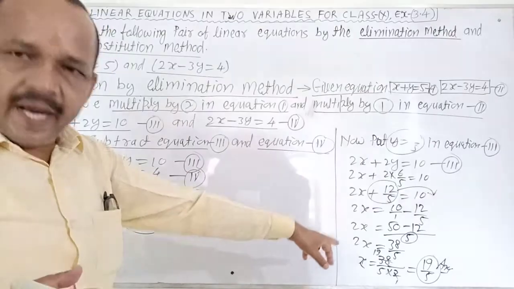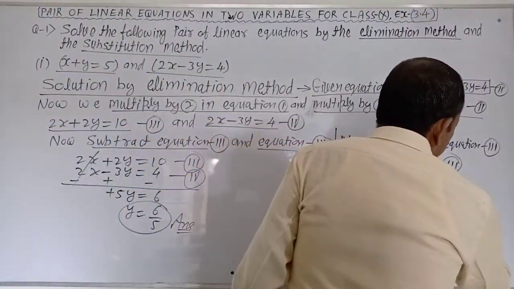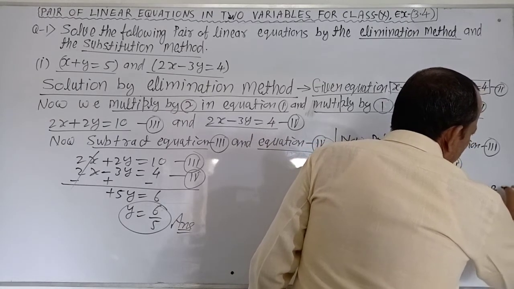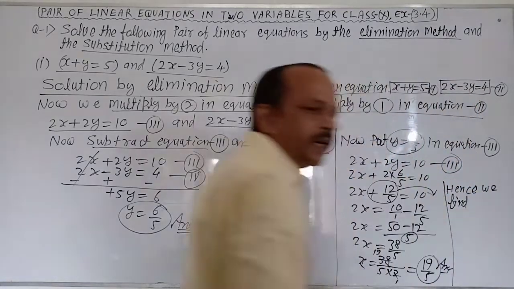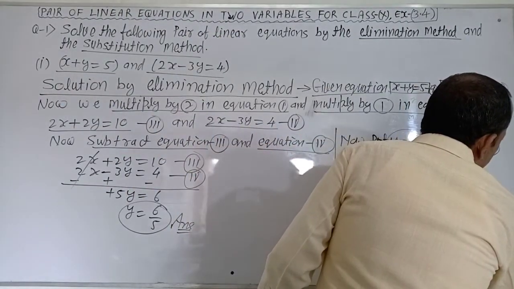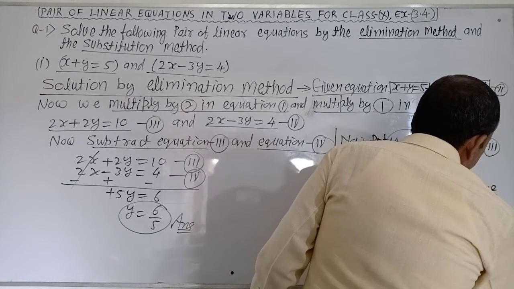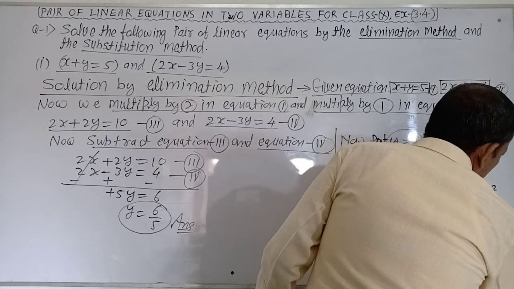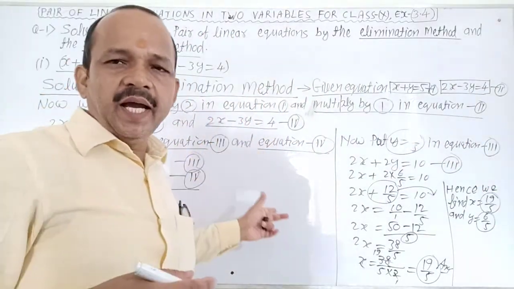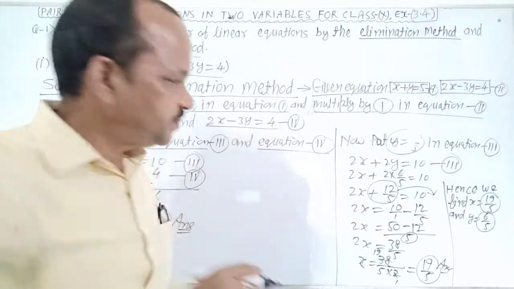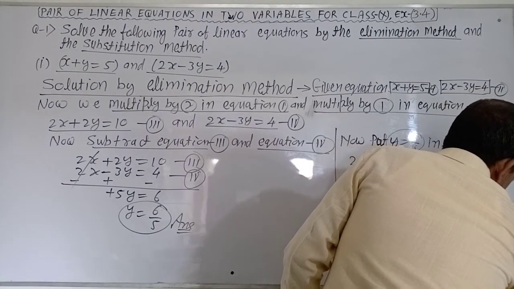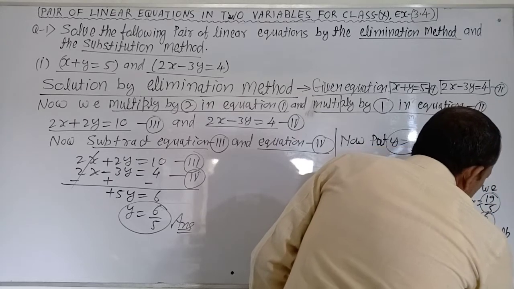It is your answer. Hence we find x equal to 19 by 5 and y equal to 6 by 5 by the help of the elimination method.